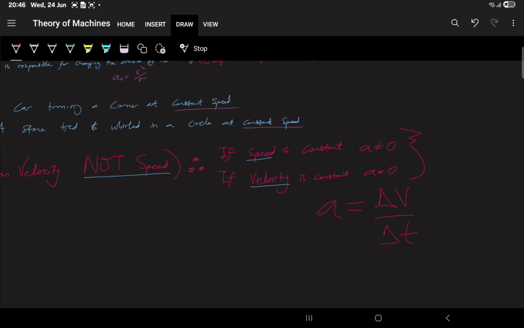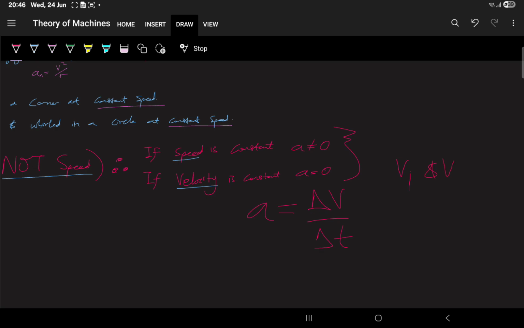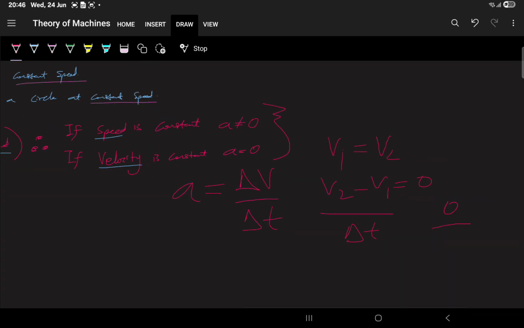So if the change in velocity is 0, which means v1 and v2 are the same, v1 equals v2, v2 minus v1 equals 0 divided by delta t. Now 0 divided by any number is 0. So acceleration is 0 if the velocity is constant, not the speed. That's essentially the nugget here, the takeaway.